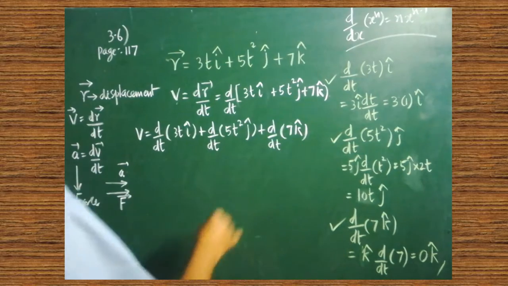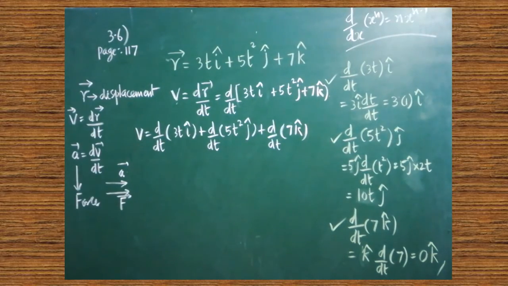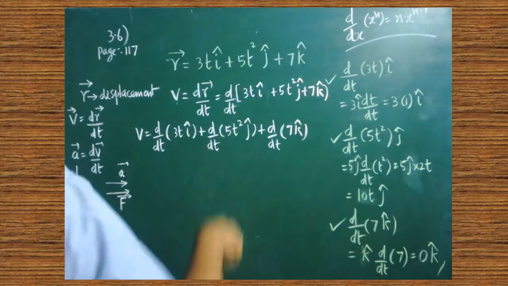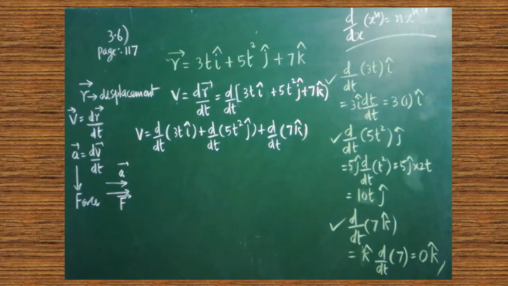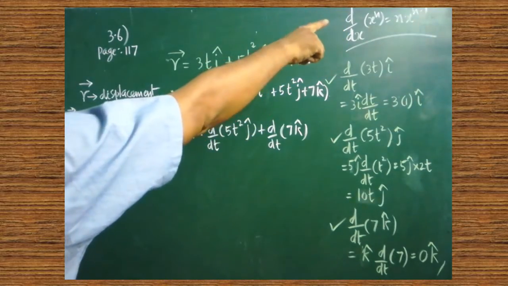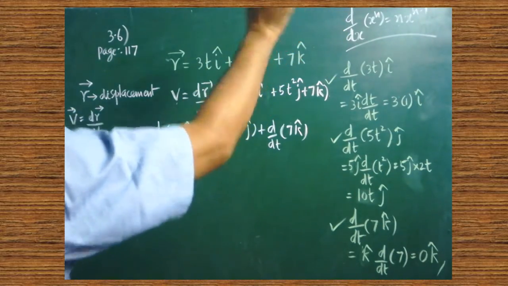To differentiate these factors, we have to use the equation d by dx of x power n is equal to n x power n minus 1. That is a basic differentiation equation.